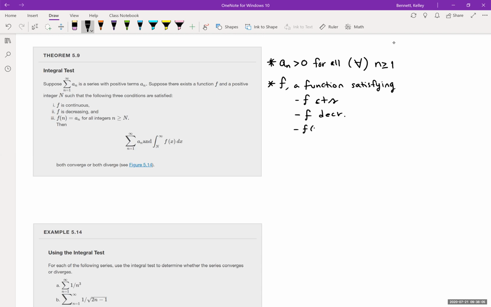And f of n needs to equal a sub n for all n greater than or equal to some capital N. So this just means that after some point, or after a while, f matches a sub n.